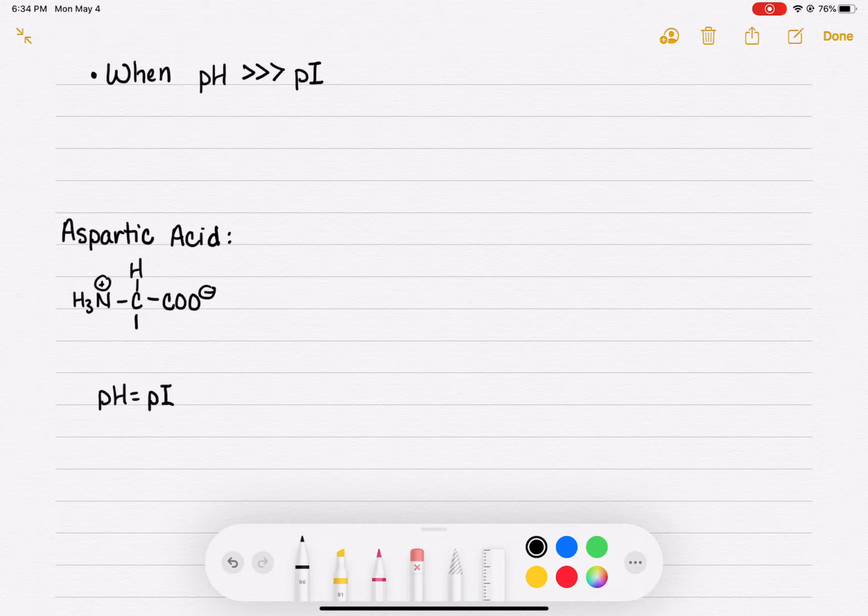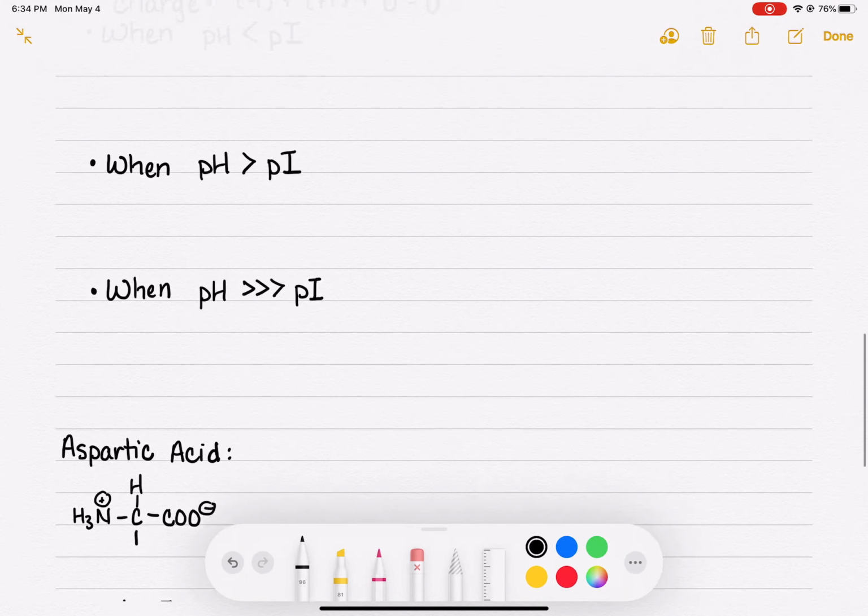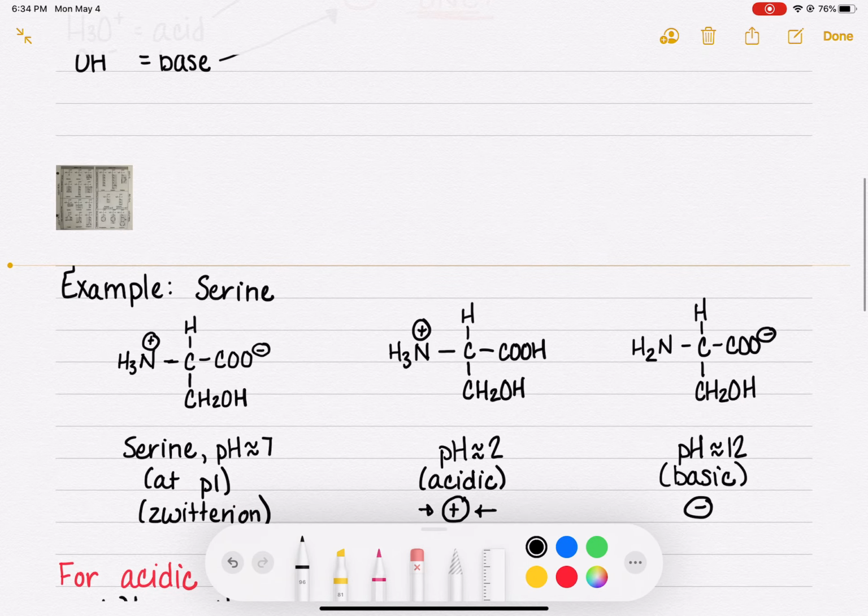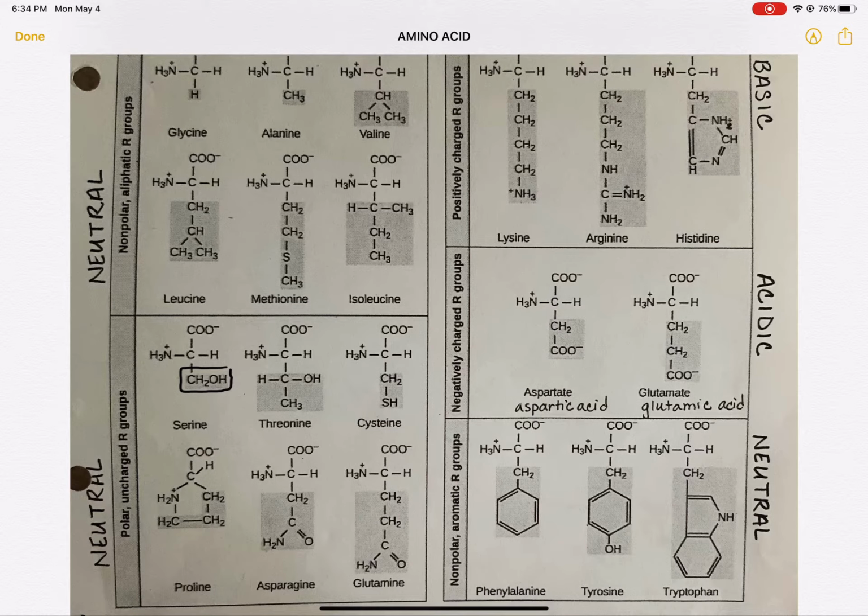And then to get the rest of the structure of aspartic acid, we're going to go to our table of amino acids and find it. Aspartic acid is right over here. Now, the tables of amino acids, pretty much every single one, no matter where you find it from, are almost always going to list the R group in the charged form.